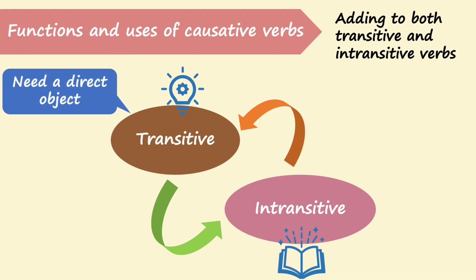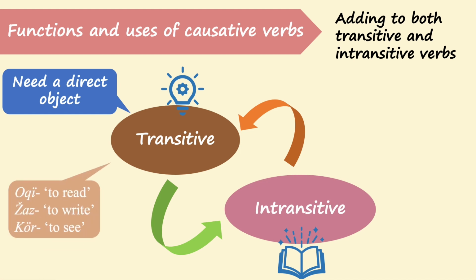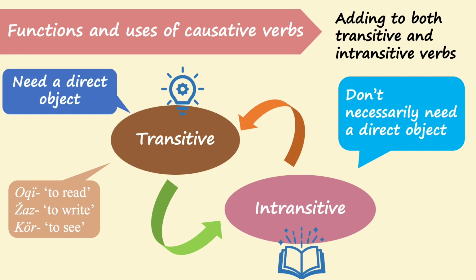By the way, transitive verbs need a direct object so that the action passes from the subject to the direct object. Example, оқы, to read, жаз, to write, kör, to see. Intransitive verbs, on the other hand, do not need a direct object to make sense. Example, bar, to go, kel, to come, ber, to give.